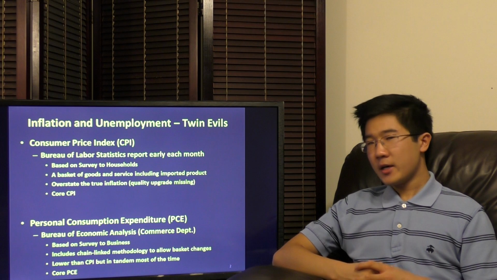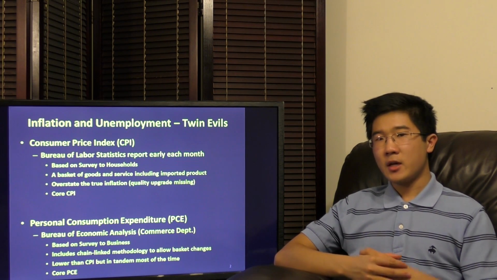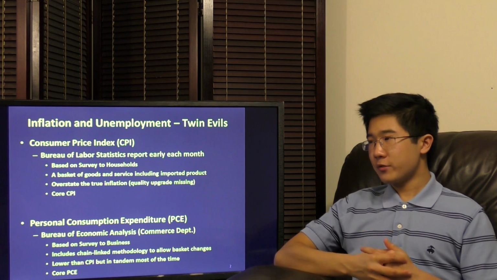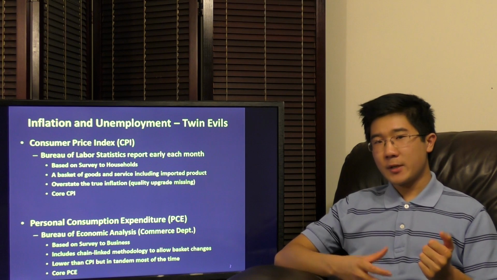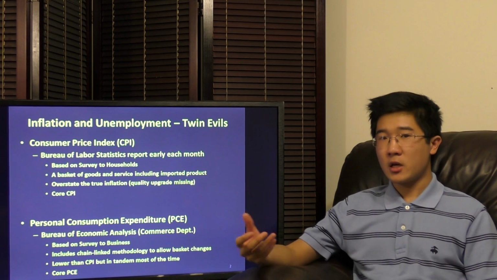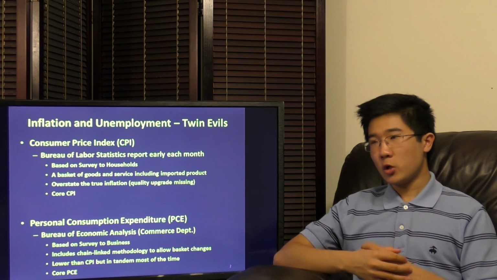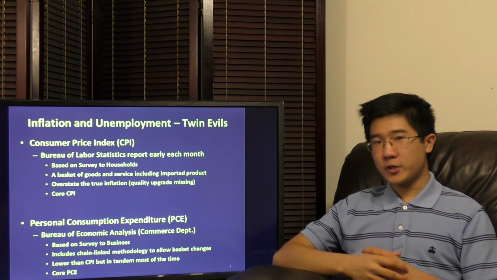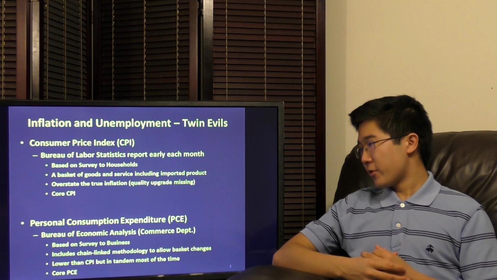What this means is that it accounts for changes within the consumer basket for cheaper options. For instance, if the price of Colgate increases, then a substitute for Colgate, such as Crest toothpaste, would be more popular because it's cheaper compared to Colgate. So the PCE does account for substitutions in the basket. That's the chain link methodology.